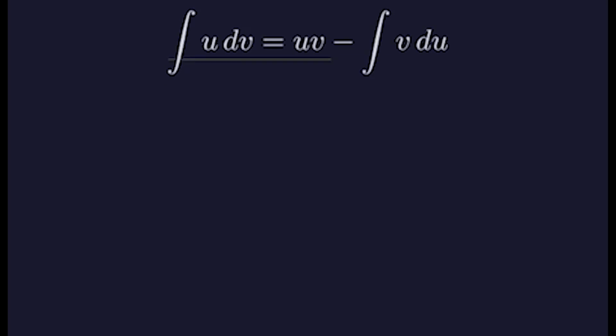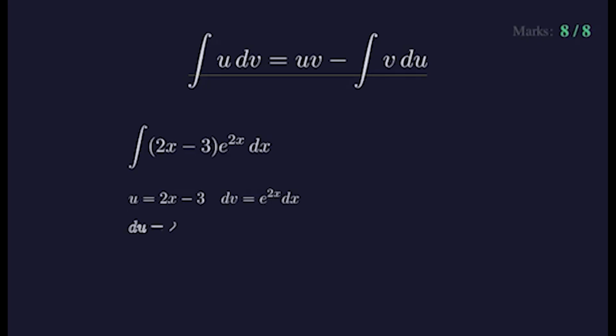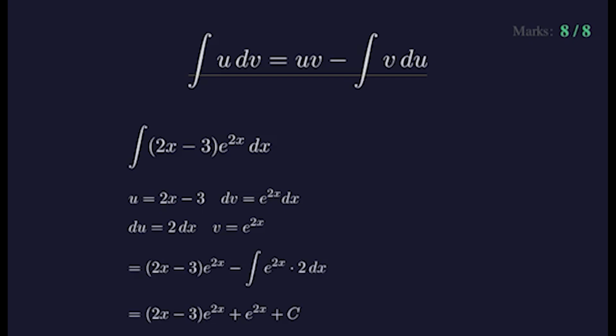Oftentimes, when students are doing integration by parts questions, there are a few key problems with the way they do the question that crop up again and again. Students who clearly understand the method are still losing marks. Why is that? It's not because they can't do the maths.